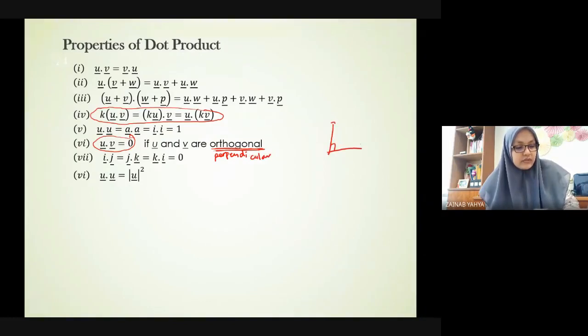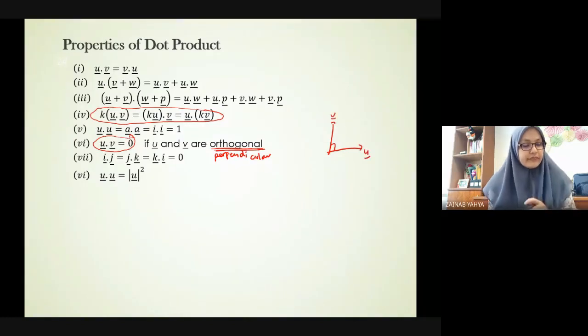Okay, u, v. If you perform the dot product and you get 0, we can say that u and v are perpendicular to each other, orthogonal to each other. How do we know that u and v are parallel to each other?